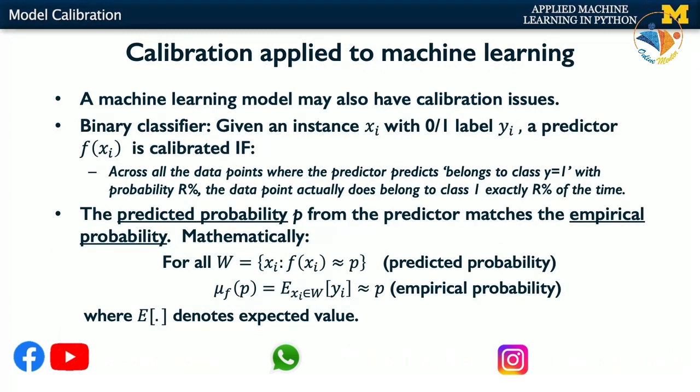The same concept that you can apply to a human making predictions, you can also apply to a machine learning model making predictions. So a machine learning model may also have calibration issues in exactly the same way.